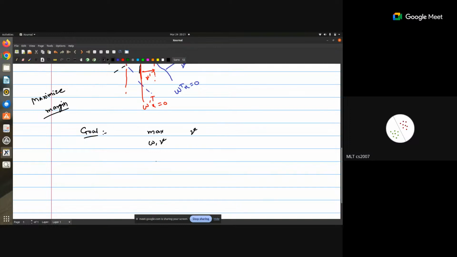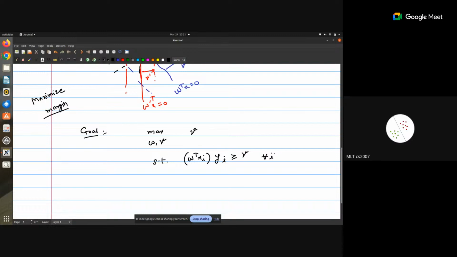And what will be the constraint here? W transpose xi times yi greater than or equal to gamma. This maximization means find a W that maximizes gamma. Or in another way, find the maximum gamma such that your W will be optimal.